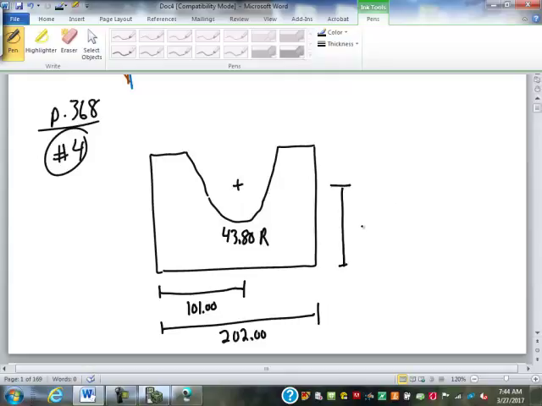From bottom to center of that circle is 97.5 millimeters. Total height of the block is 143.3 millimeters. And then we're given 38 millimeters on each side here.